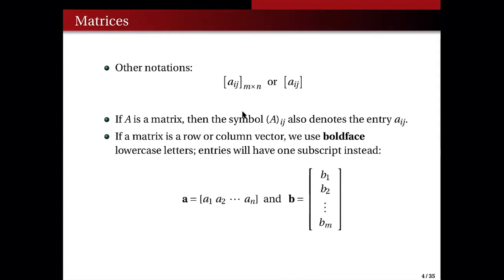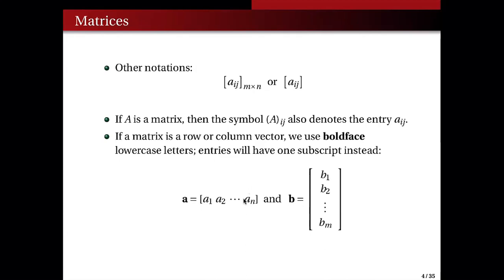Now, if a matrix is a row or column vector, we use boldface, lowercase letters for the name of the matrix. And the entries will just have one subscript. Because, for example, this guy here is a row vector.